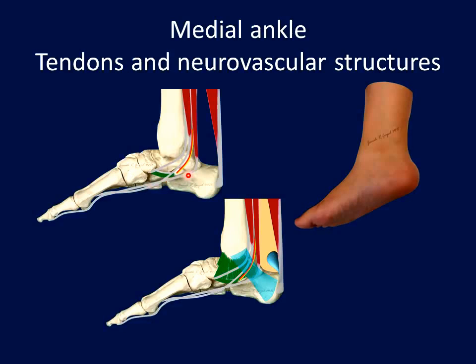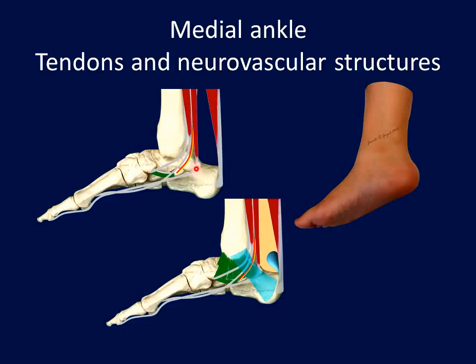The flexor hallucis longus tendon lies in a groove on the posterior aspect of the talus behind the ankle joint, anterior to the Achilles tendon.